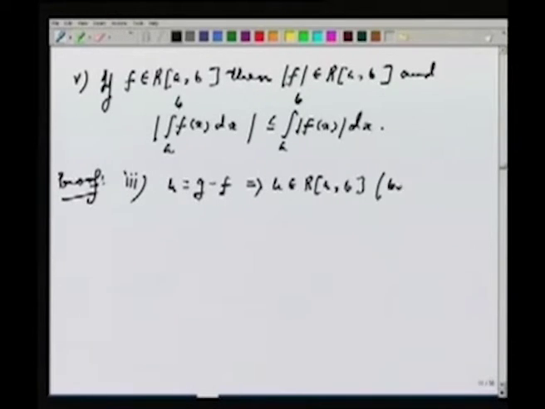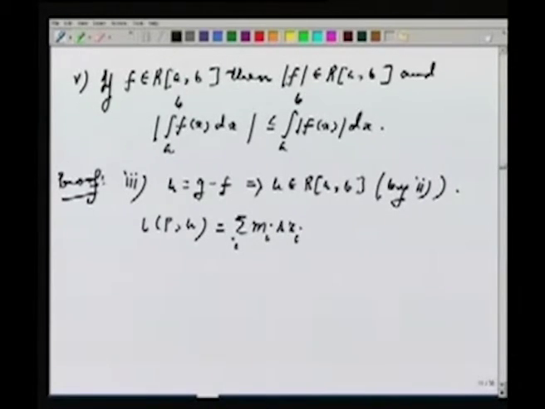Now I look at, according to my notation, L(P,h), that is summation over i of little mi times delta xi.